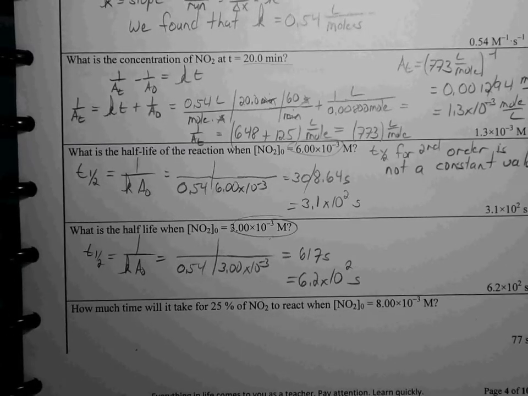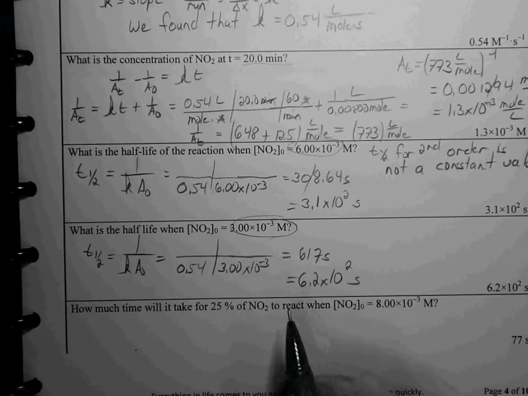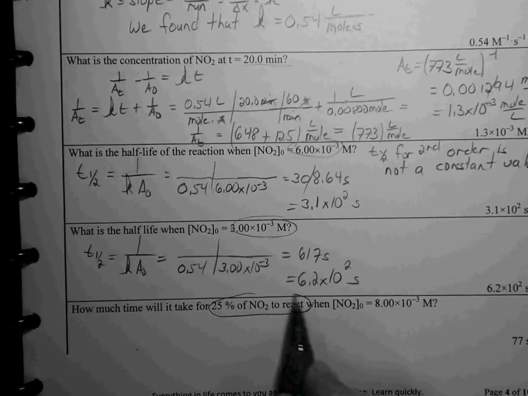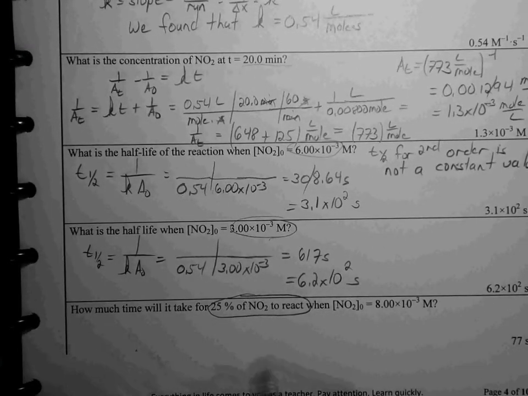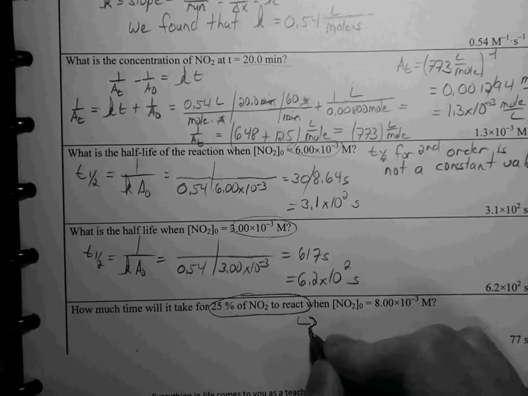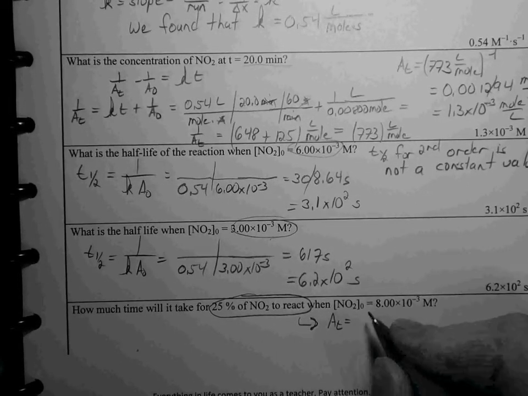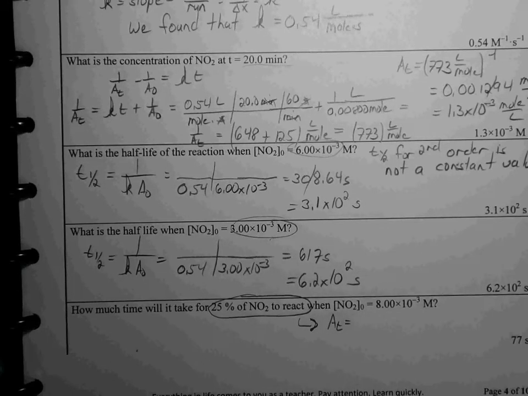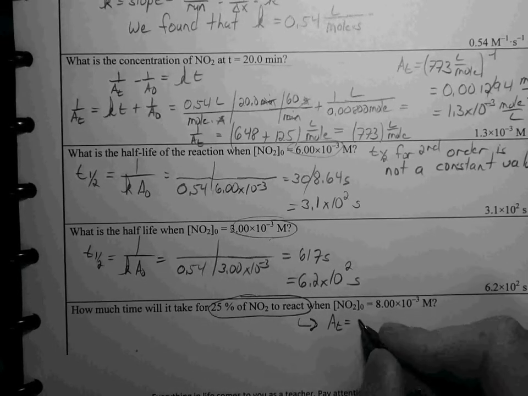Okay, the last question is how much time will it take for 25% of the NO2 to react? If 25% reacts, the amount remaining is going to be 75% of what we started with.